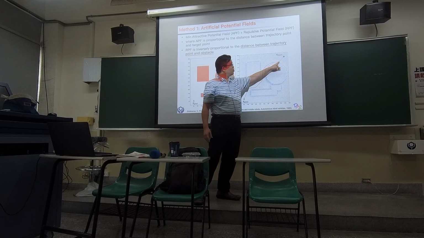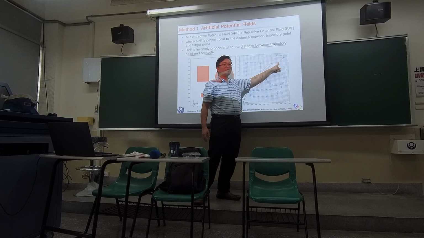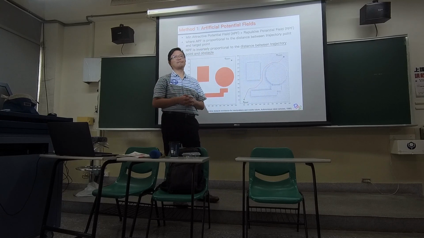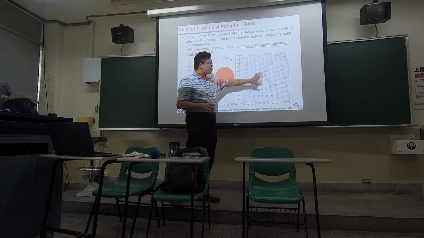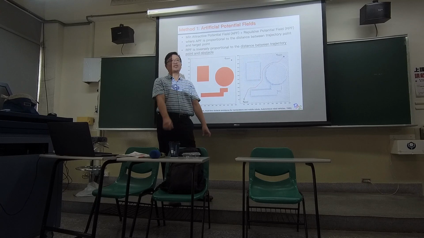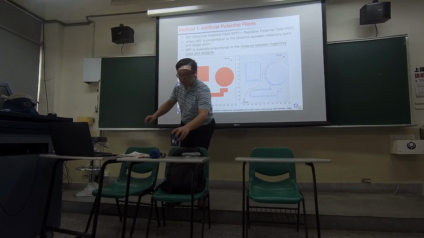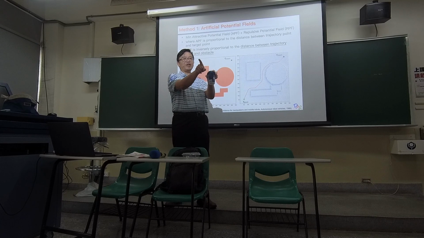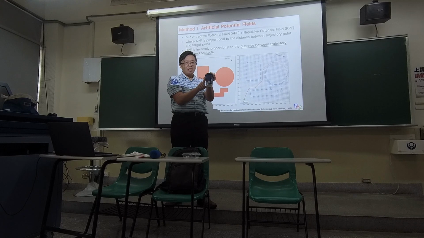Whenever you need to figure out where to make turns, in fact, you need to compute the shortest distance. Every potential field is computed based on that shortest distance. If you are closer to the obstacle, the magnetic field is going to be stronger. So if you move even closer, you have even stronger potential field.